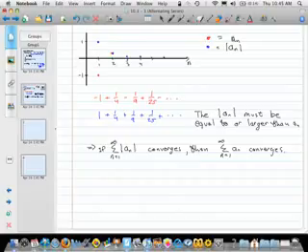The blue here, we can do an integral test. We could do the integral from 1 to infinity of 1 over x squared dx, and this is a p-series kind of thing.